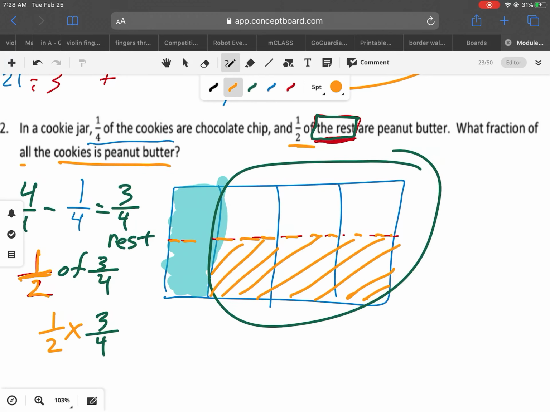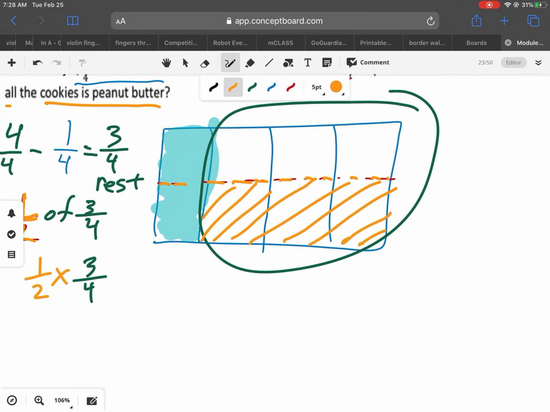Right, so our multiplication problem is 1/2 of 3/4. And hopefully you see it when you go across. You can actually look at the multiplication. And what comes out when we multiply across is 3/8.